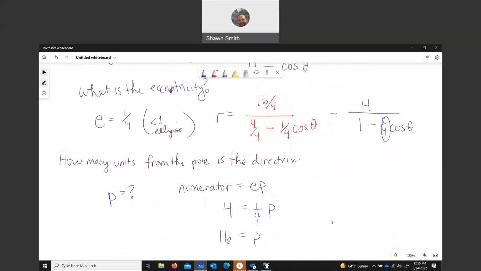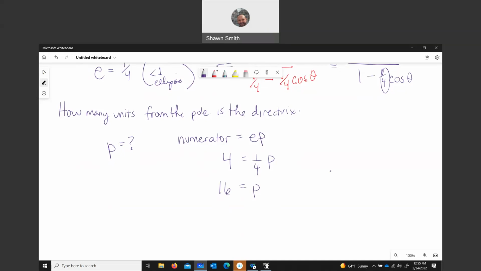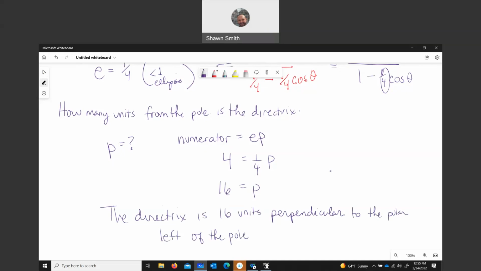So the directrix is perpendicular in this case, 16 units to the left of the pole. Perpendicular to the polar axis.